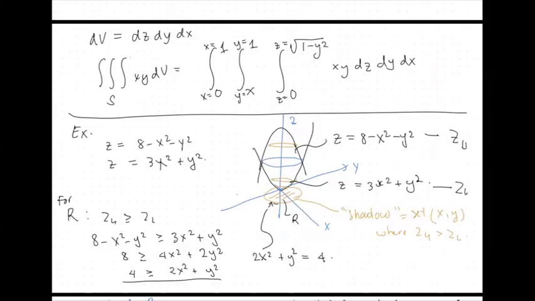Kaya po di nag-shadow sun since equal pong upper and lower. Equal po yung upper and lower.